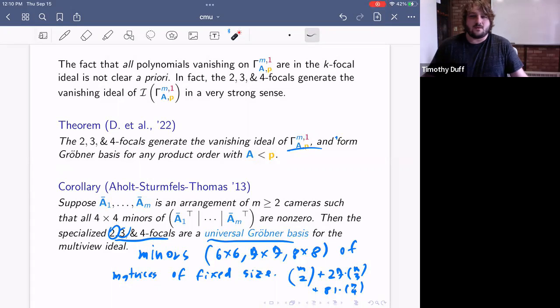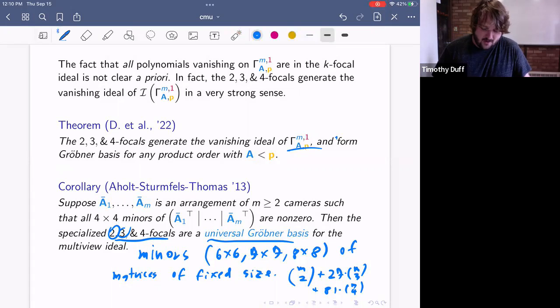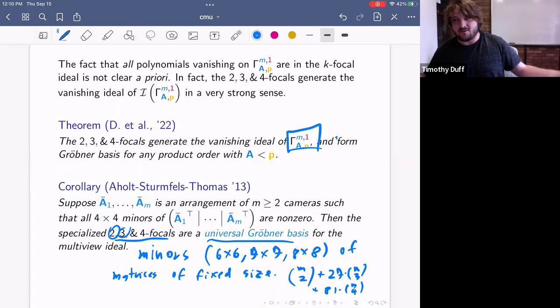So really, what's happening here is you have a family of these multiview varieties, and it's captured by this other variety in our diagram, which we call gamma AP, sort of a universal multiview variety. And there's a Zariski dense locus of cameras within this family where all the multiview varieties look the same.